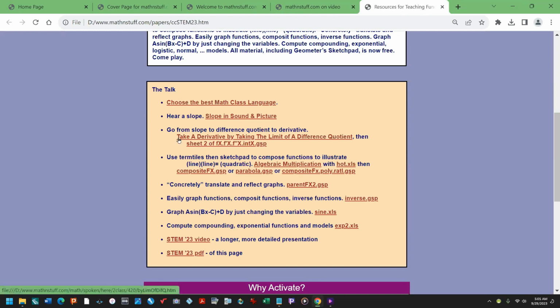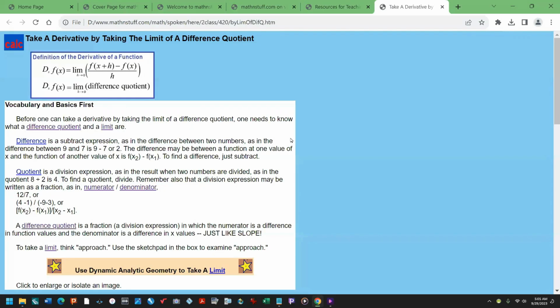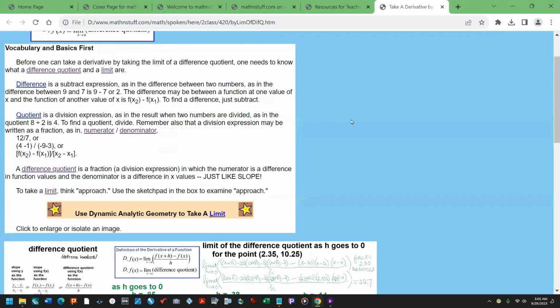We can take a derivative by taking the limit of the difference quotient. There are a number of spreadsheets. But this is a web page that deals directly with the definition of derivative as the limit of the difference quotient.